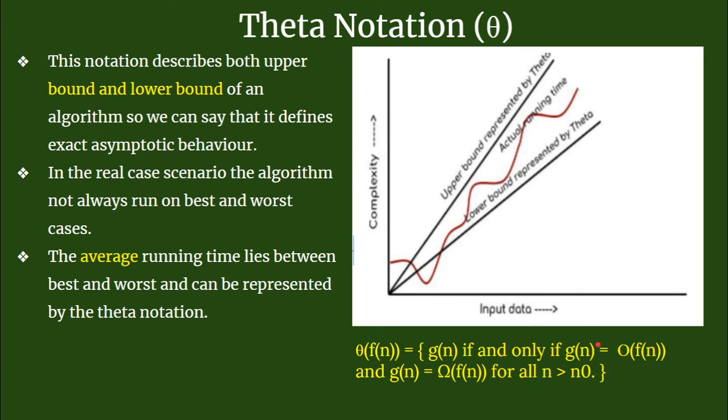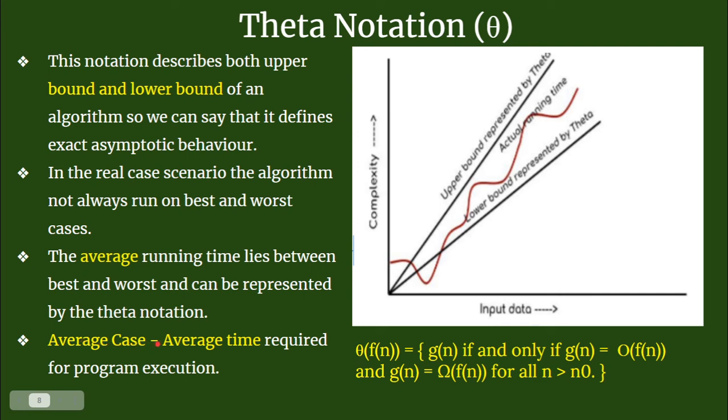Actually, what it means is there exists a complexity f of n, defined by g of n in such a way that g of n is both big O and omega of f of n, meaning this is the average between the worst case as well as the best case. So this is always the average case. The average running time lies between best and the worst and can be represented by the theta notation. It always gives the average time required for the program execution.